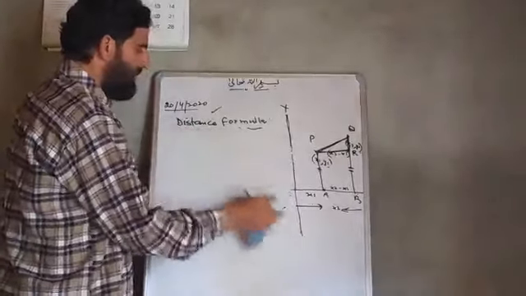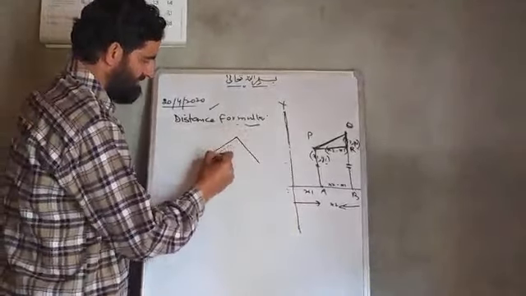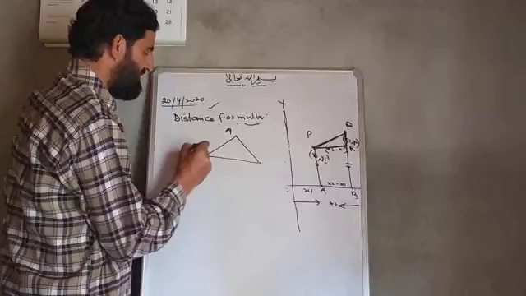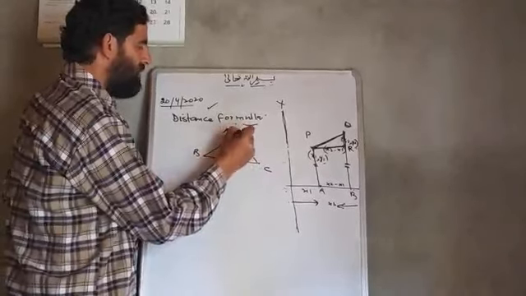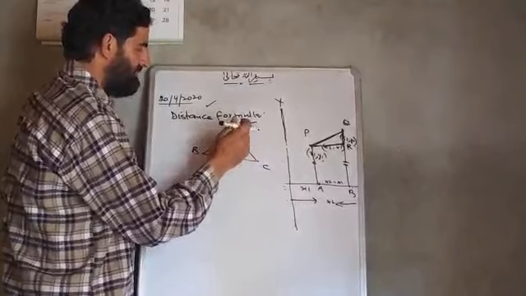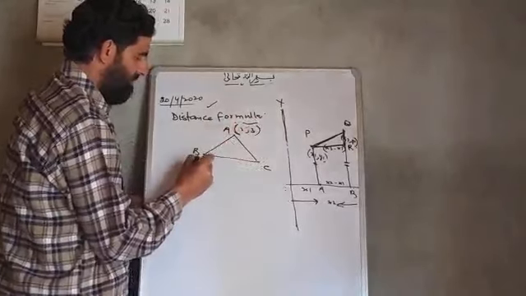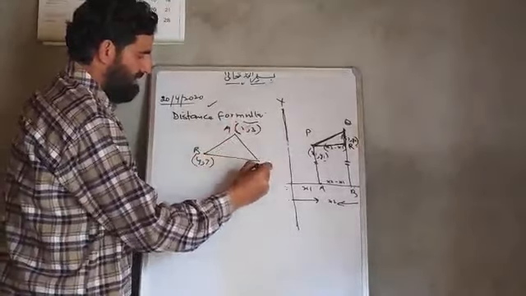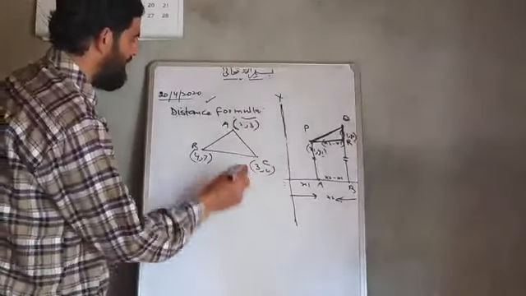Second, you can find this if the coordinates of a triangle are given like this. ABC is a triangle, and suppose A is (2, 3), B is (4, 7), C is (3, 0). You can take any such coordinates.